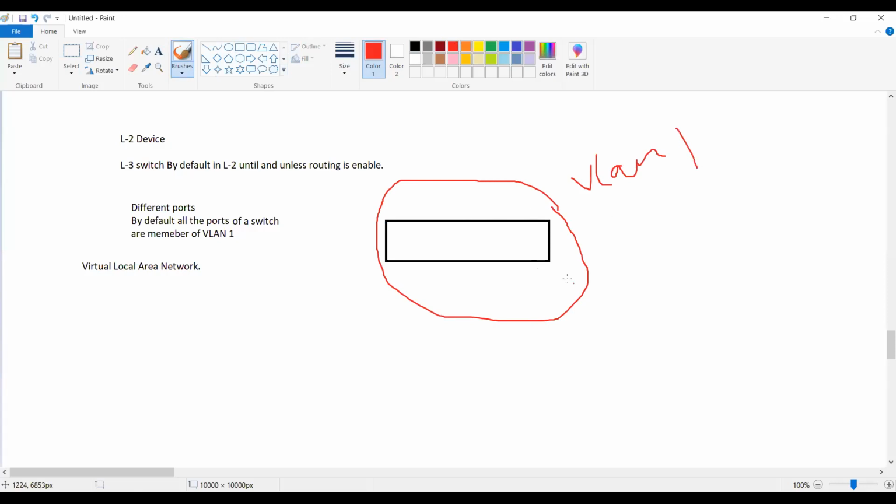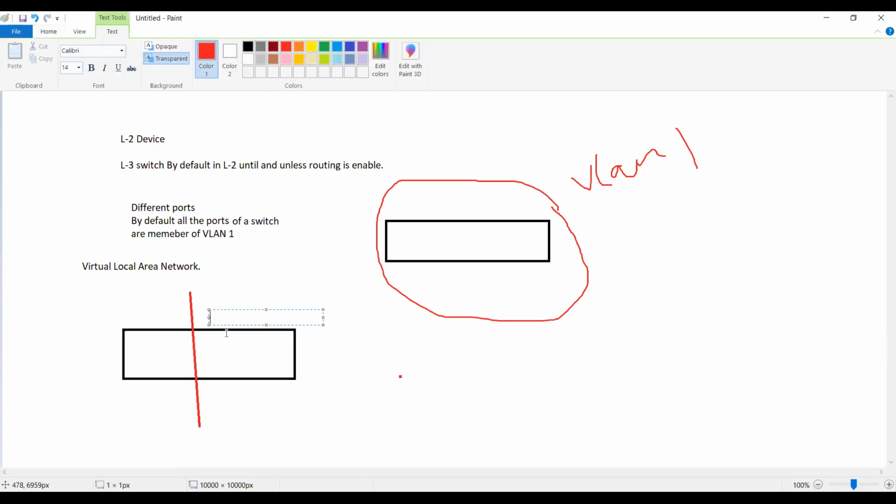Now what I have done is I have taken the same switch, and I have divided the switch. How am I dividing? I'll assign some ports to VLAN 2. The rest of the ports will be in which VLAN? Obviously VLAN 1, right?